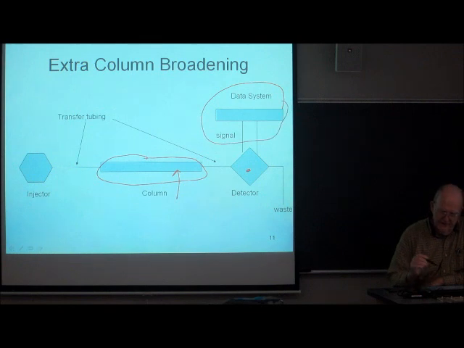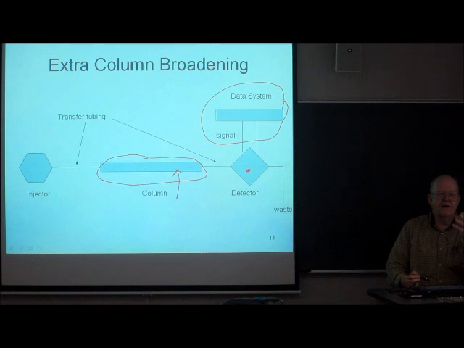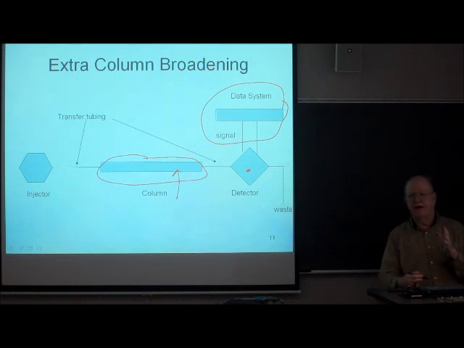The data system takes data at a certain rate, so many data points per second. If you set the number of data points that the data system takes at too few points per second, that can screw up the separation.